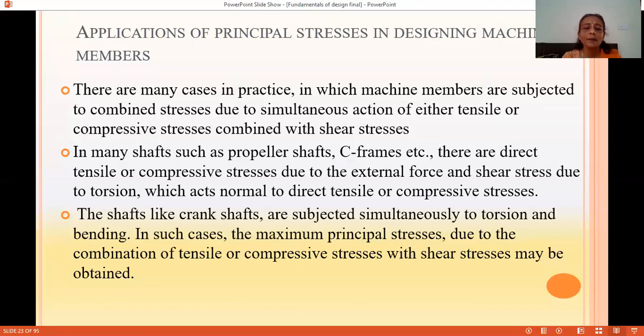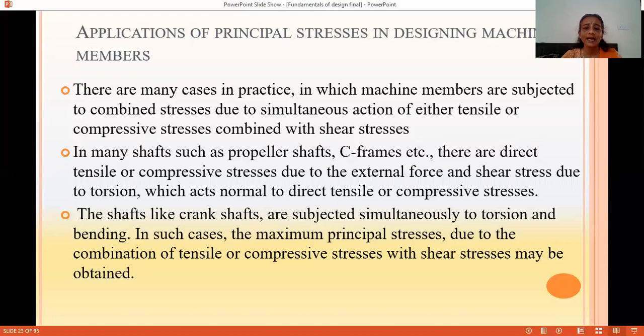So where will this principal stress theory be applicable? There are many cases in our syllabus or in day-to-day design where this theory will be applicable, like design of propeller shaft, C-frame, where there are direct tensile and compressive stress along with the shear stress. There is a combination of bending along with torsional shear, for example in design of propeller shaft.